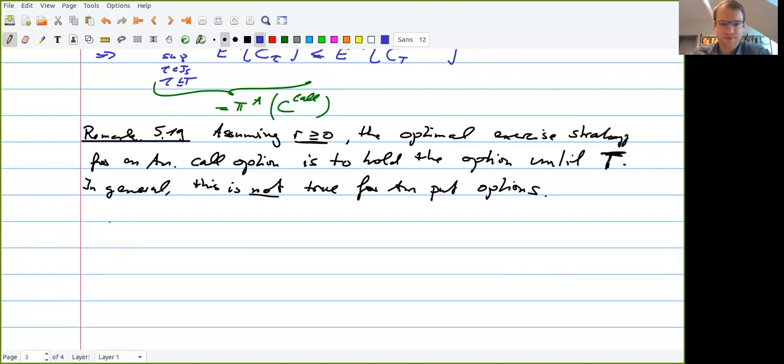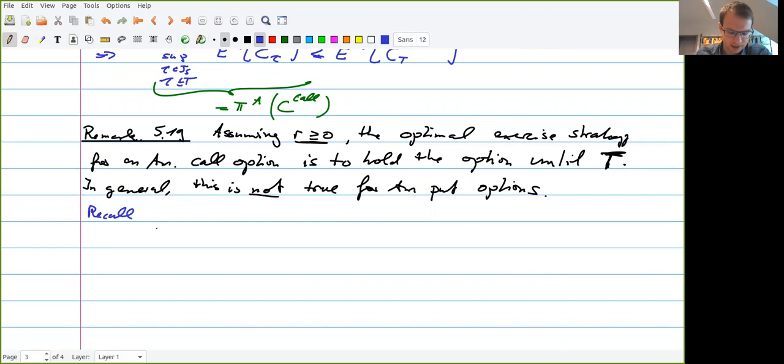So let's start with recalling the put-call parity for European options.